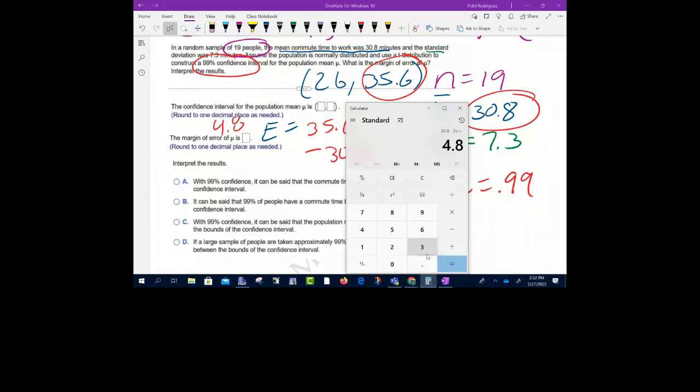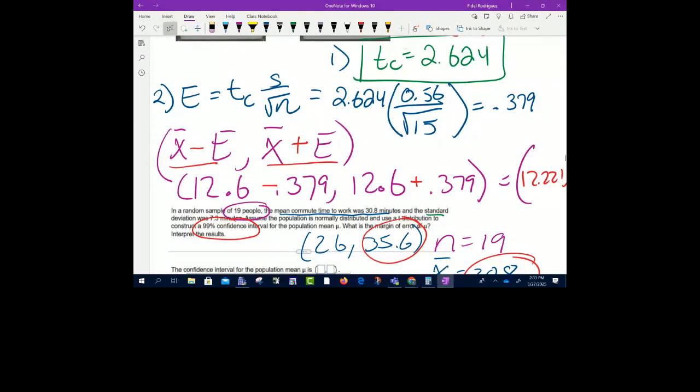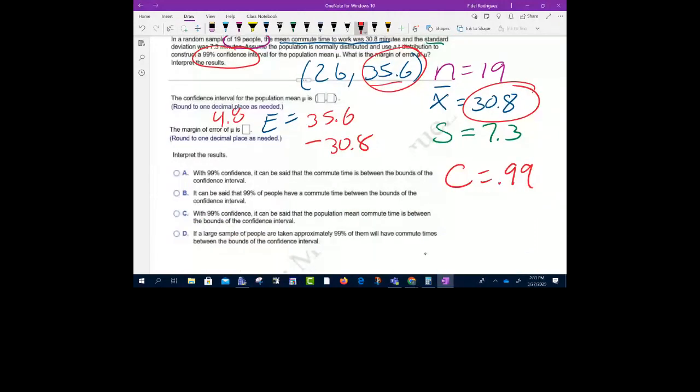Remember how we did this problem over here, when we found the error? We took X bar minus the error, X bar plus the error. That's really what we're doing to find that error. Let's take the big number minus the sample mean to find the 4.8, or let's take this number minus that one. You're still going to get 4.8, right?